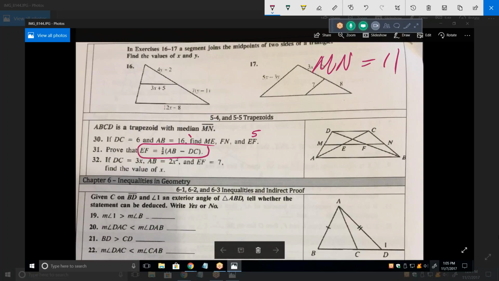In other words, we know that if 30 is true, then EF would be 5, just like you proposed it would be. But this is saying that it's half of those differences regardless of what the numbers are, and regardless of whether it's isosceles or not. I guess. I'm still not convinced that they didn't mean to say this is an isosceles trapezoid. So we're trying to prove that that is half the difference between the upper base and the bottom base. Wow. How are we going to do that?